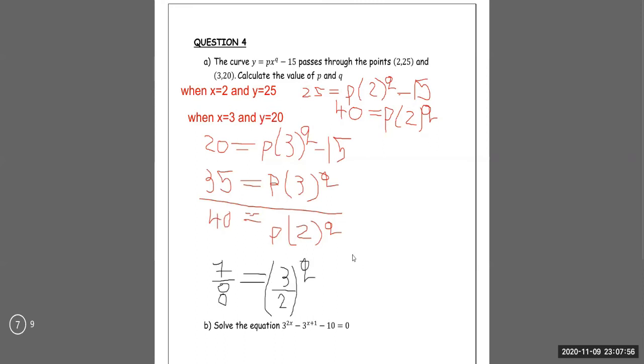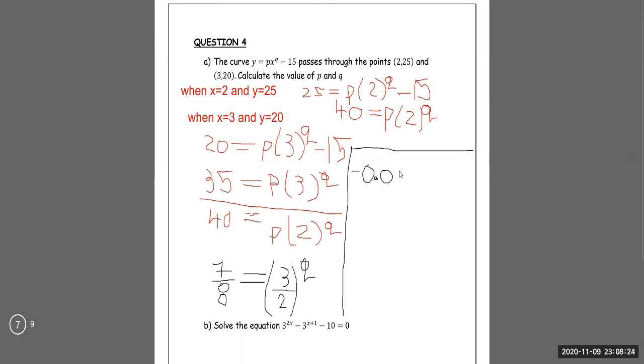So we're going to get q now. So we're going to log them? Beautifully said. We're going to log both sides. So what's the log of 7 over 8? The log of 7 over 8 is negative 0.06.